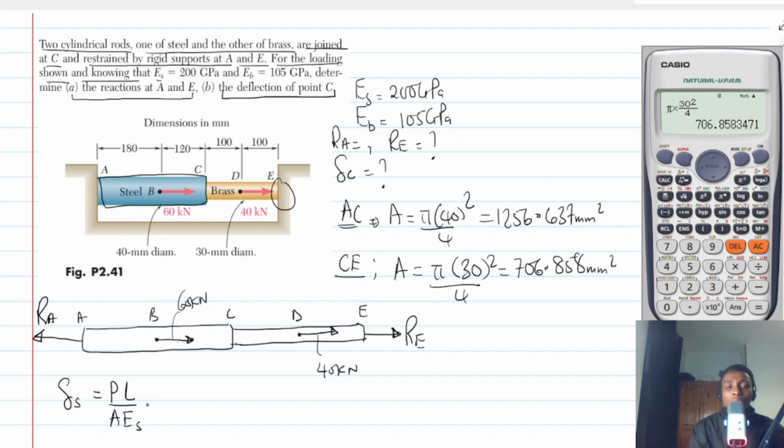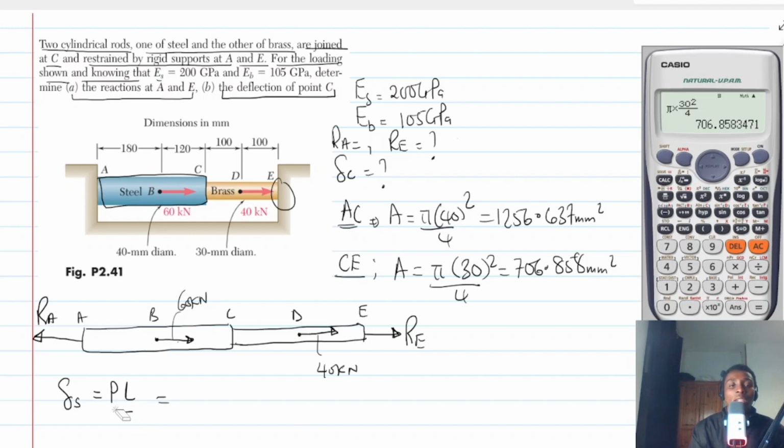So now it's going to be the load in the steel. But what is the load in the steel? So look at it carefully. Now, to be able to know the load in the steel, we have to take our time and do it section by section.